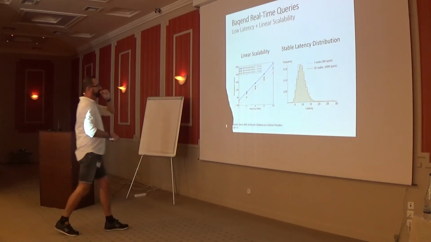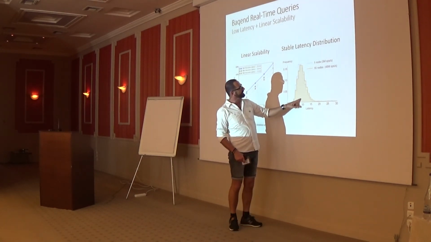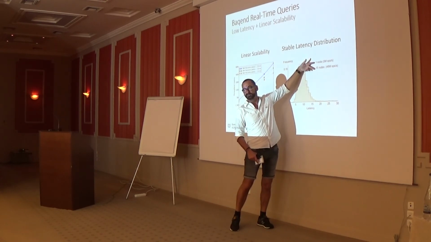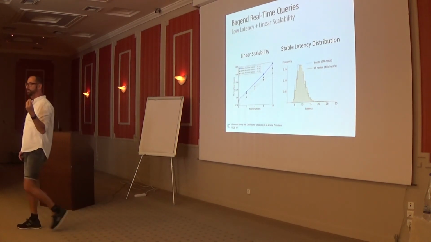Also interesting is that the latency distribution does not differ much in situations with different numbers of nodes. We have the same behavior no matter which nodes are currently working there.